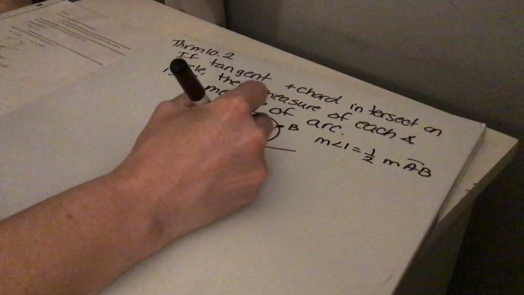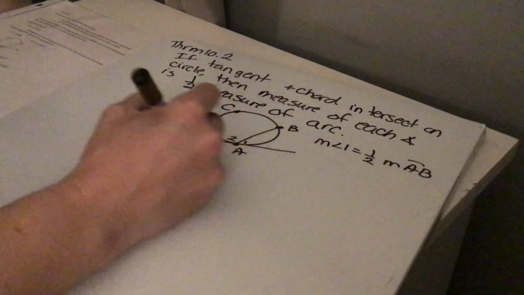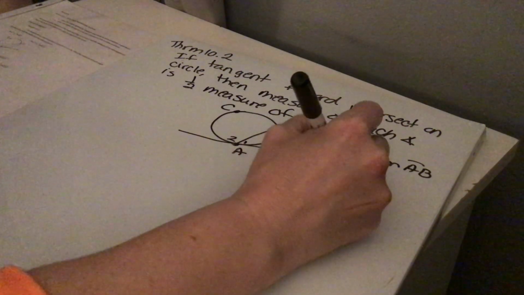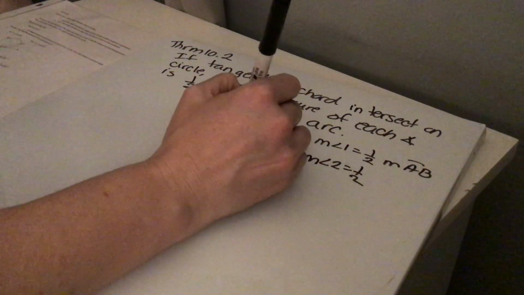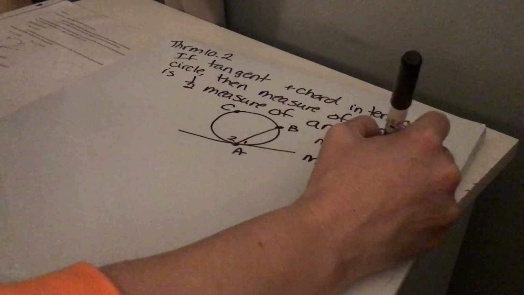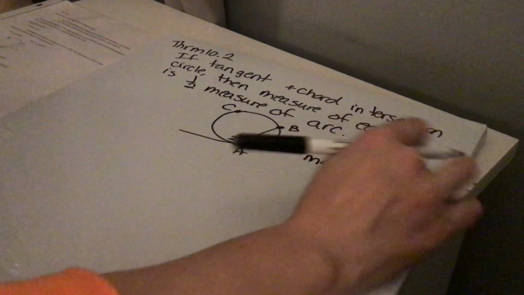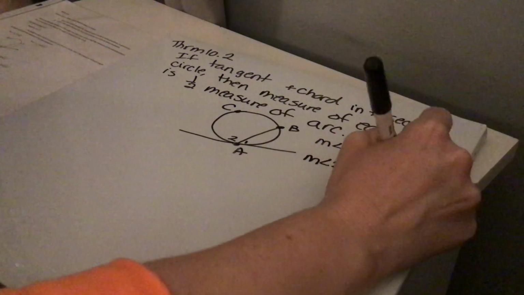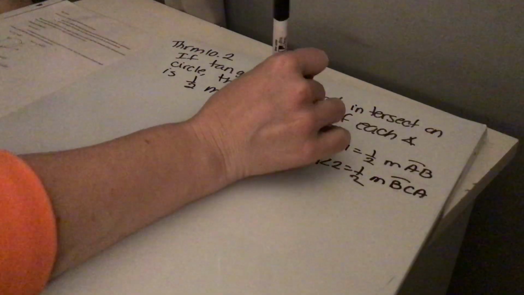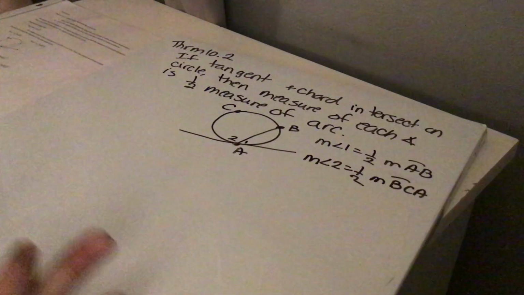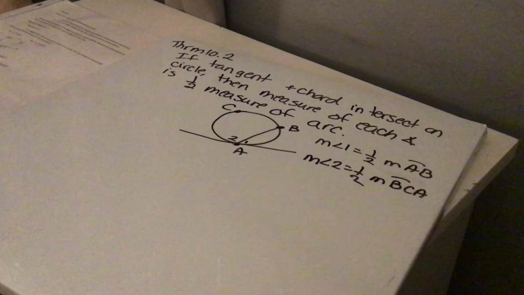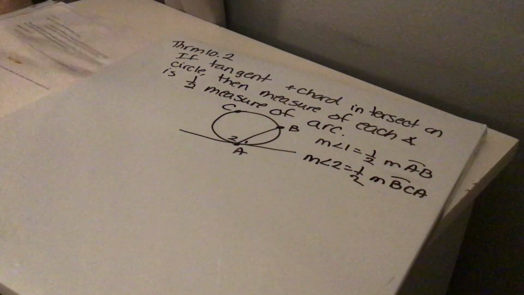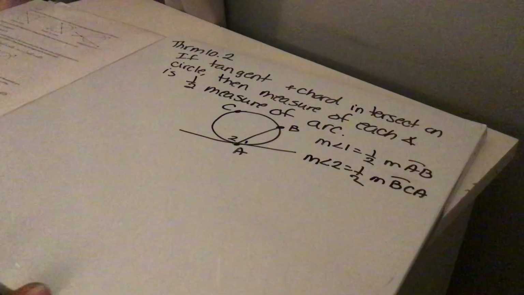And then angle 2 is this one here, and it's going to be half of its intercepted arc, which happens to be arc ACB or BCA, because that's the outer arc. So the vertex is still on the circle, then it is half of its intercepted arc.